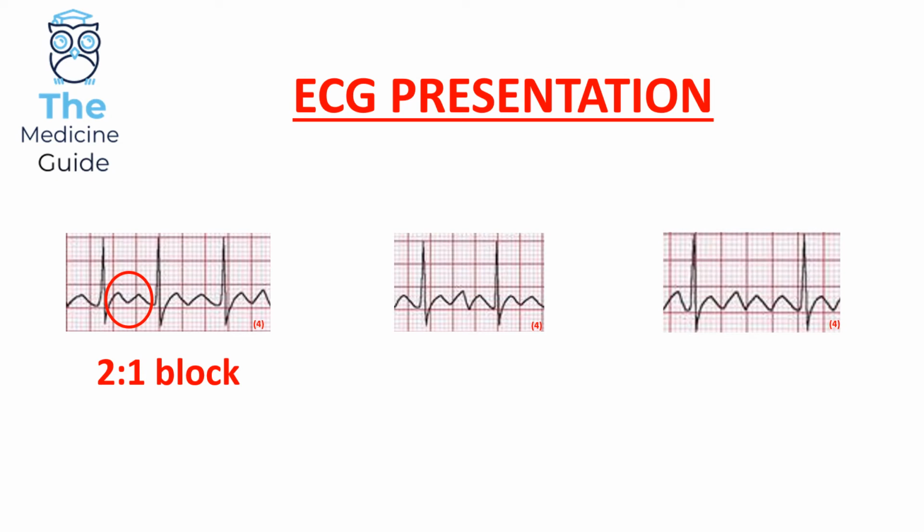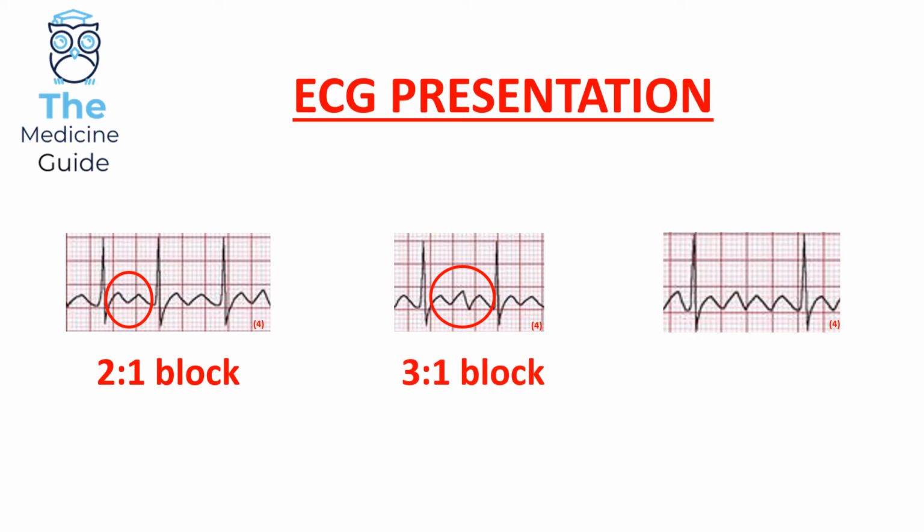I'll give you another 10 seconds to find out the type of AV block that's present in the middle ECG. So the example in the middle is an example of 3:1 block.